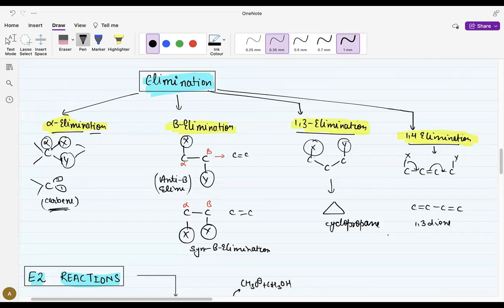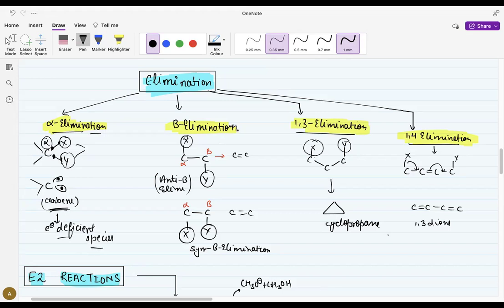One electron is left from here, one electron is left from here. So these two electrons will be sitting and we will be left with our carbene. Carbenes are electron deficient species, you all know they are electron deficient in nature. So whenever we have alpha elimination, we will get carbene.